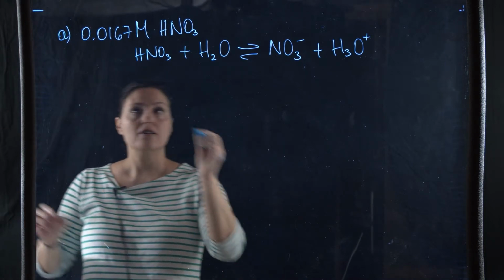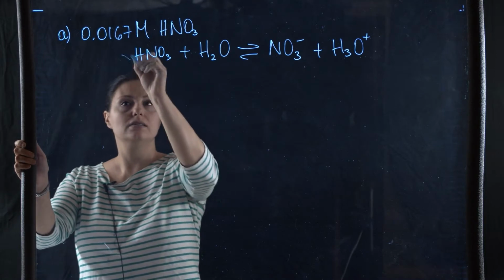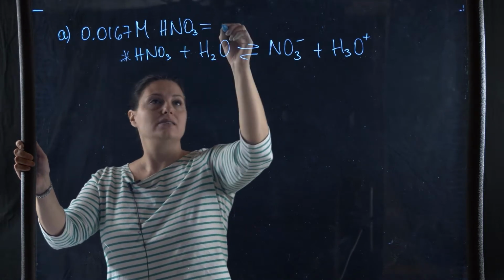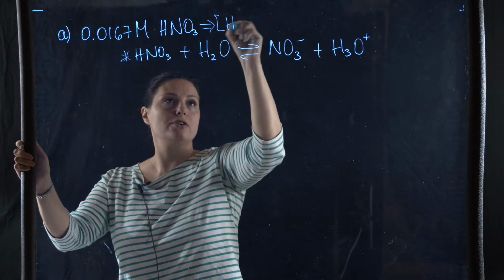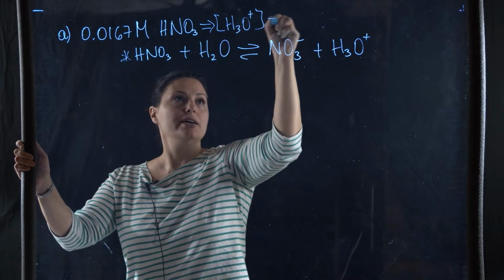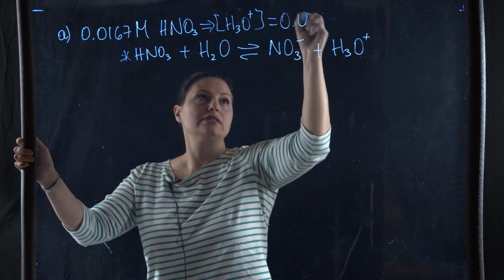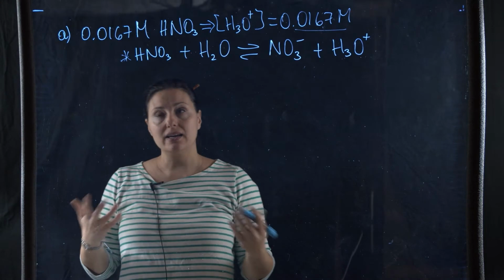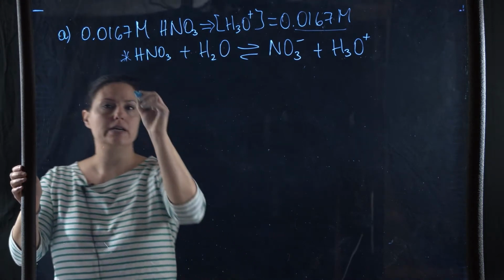Therefore, because I know it's a strong acid, the concentration of H3O plus for this solution is also 0.0167 molar.